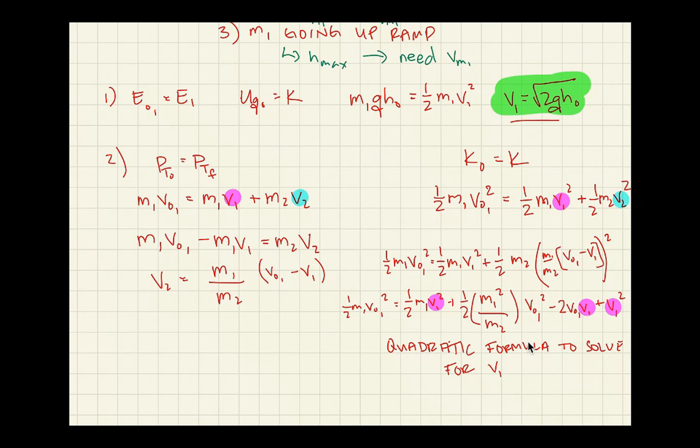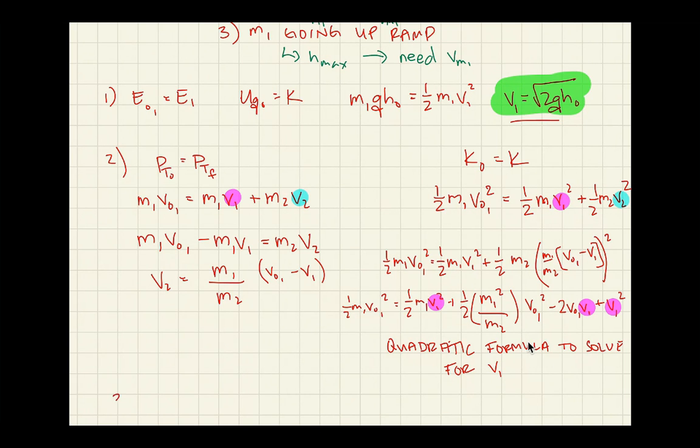Typically, when you do quadratic formulas, oftentimes you'll get one positive answer, one negative answer. In this case, we would want that negative answer because that would mean it's moving to the left. So contextualize your response here. When you choose one of your two answers from the quadratic formula, make sure that you're picking the one that is representative of block M1 moving backwards up the ramp. So it has to be a negative value.